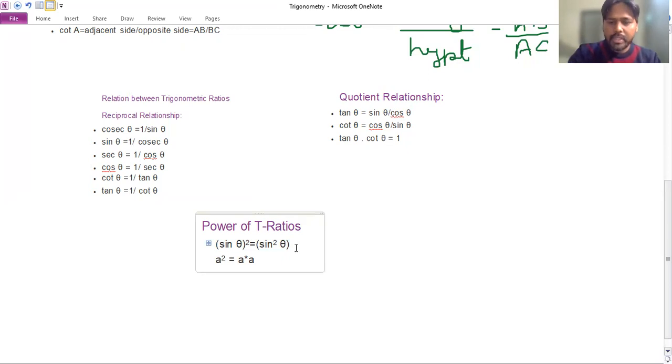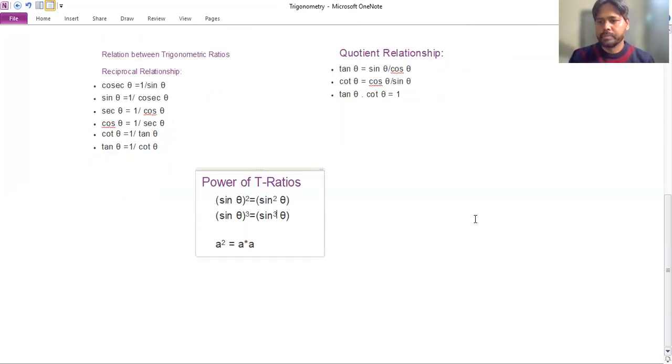Similarly, if we have powers like 3 or 4, it can be represented in the same way, and again it will be associated with the trigonometric ratio of that particular power.